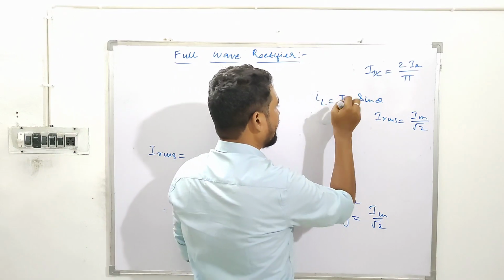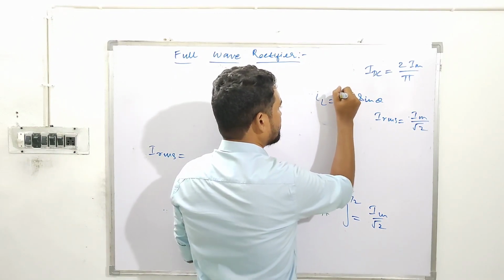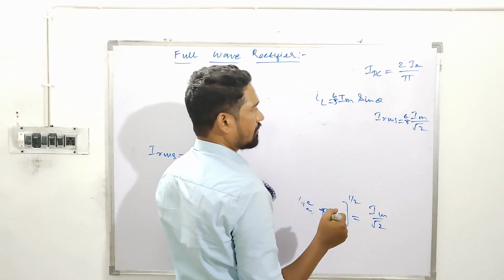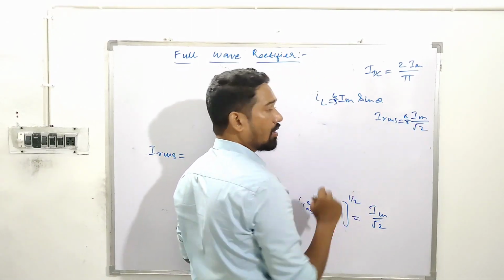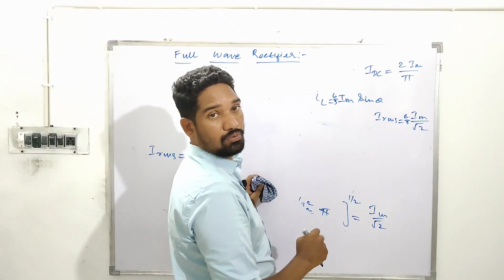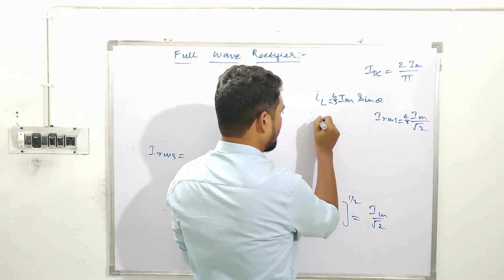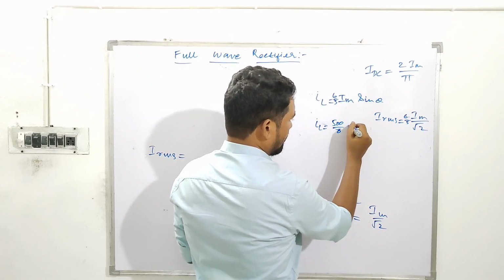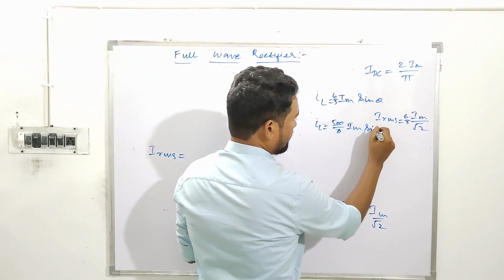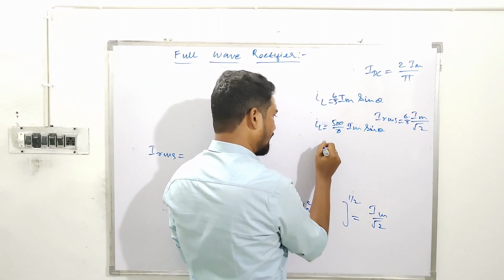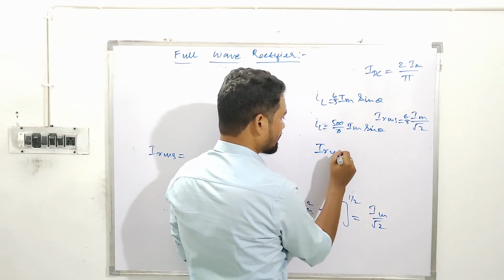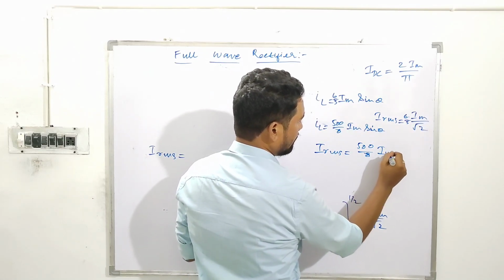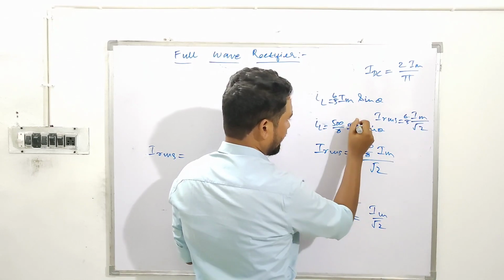If we had something like 6 by 5, the same thing: 6 by 5 times Im appears over there by root 2. If we had IL equal to 500 by 8 times Im sin theta, even in that case IRMS would be 500 by 8 Im by root 2.